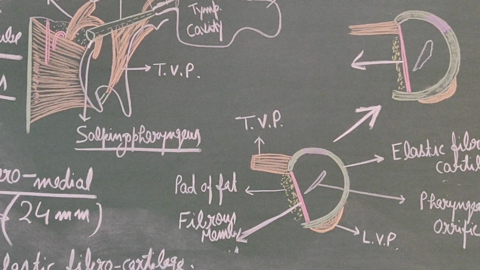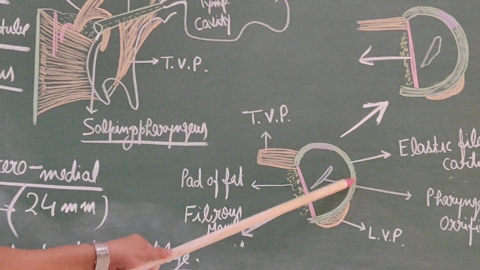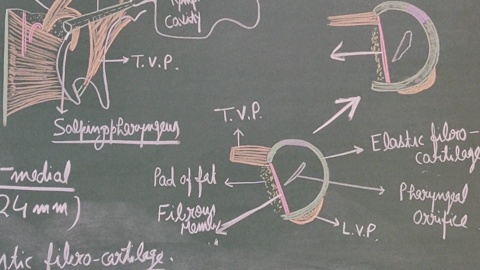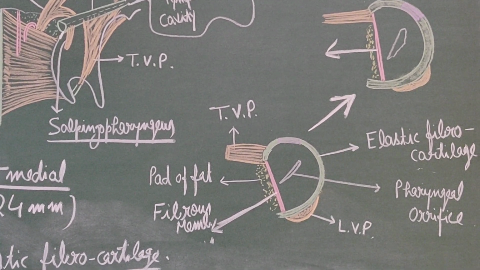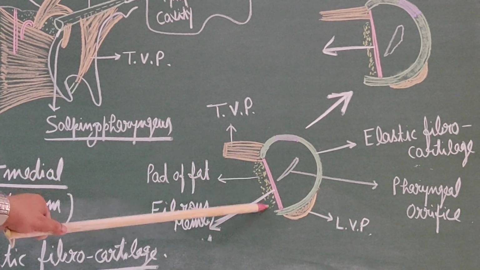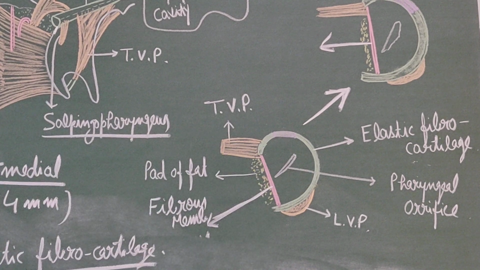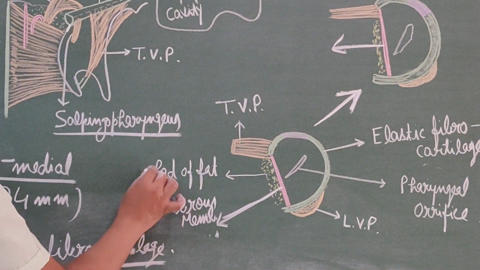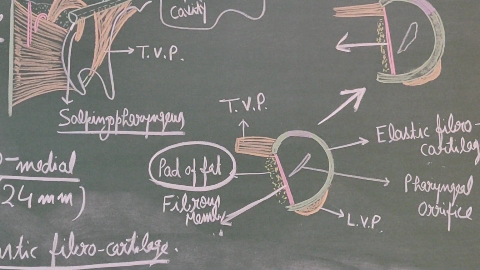So, this single piece of the elastic fibrocartilage folded and formed the following walls of this cartilaginous part, while its remaining lateral wall is formed by the fibrous membrane. And this fibrous membrane is covered by a pad of fat.